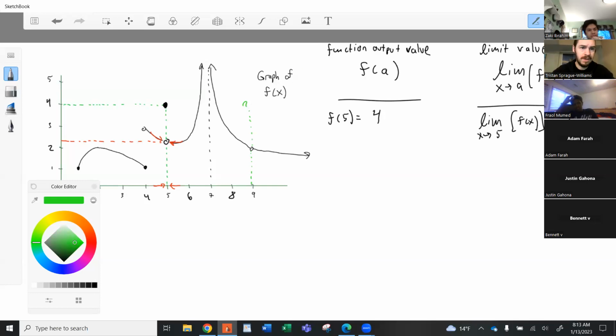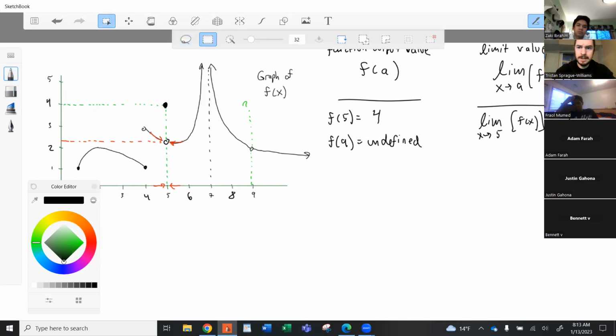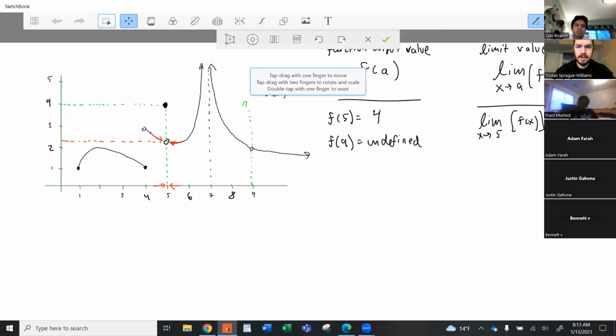So we would say f of 9 equals DNE, an abbreviation for does not exist, or maybe undefined is another word you often see, especially when talking about the value of a function.